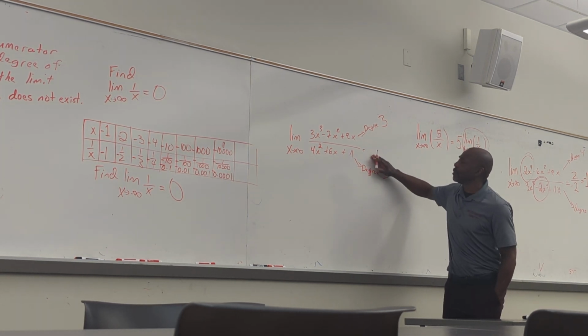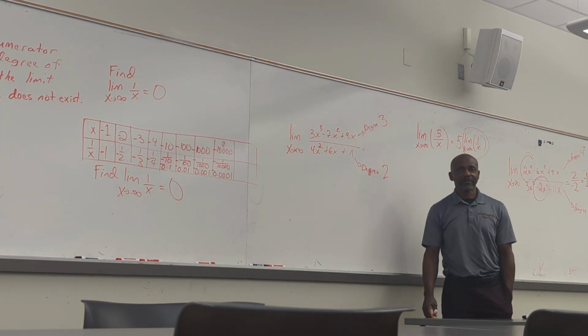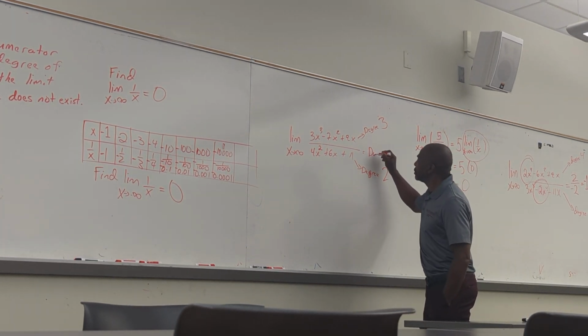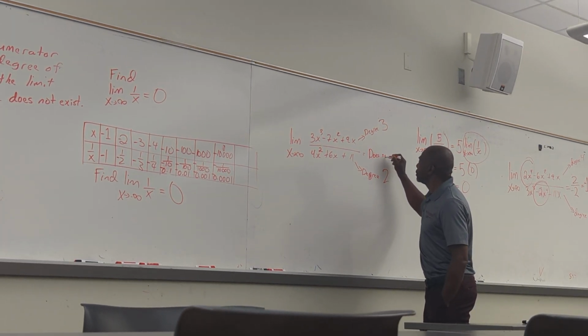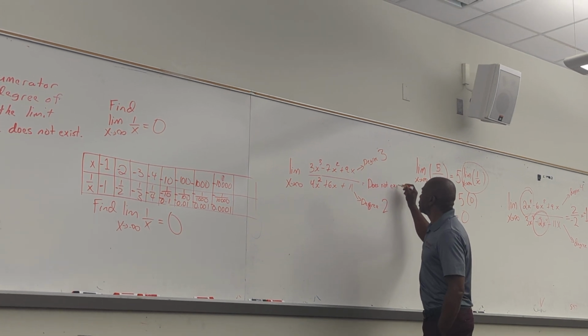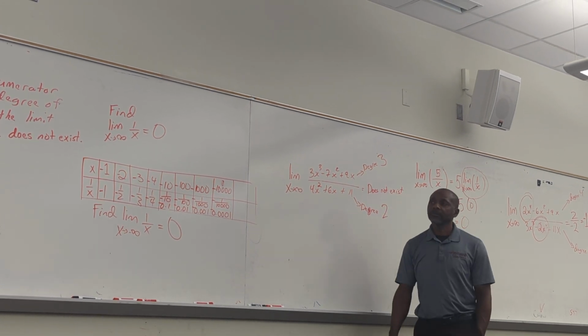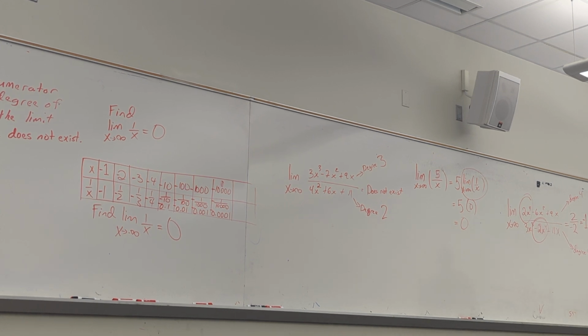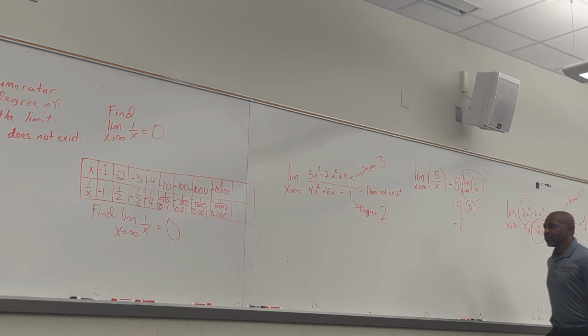The first, the second, or the third one? The third. So what's the answer to this one? Does not exist. All we have to look at are the degrees. Now you should know which one is which. We good? So let's do 3 problems real quick.